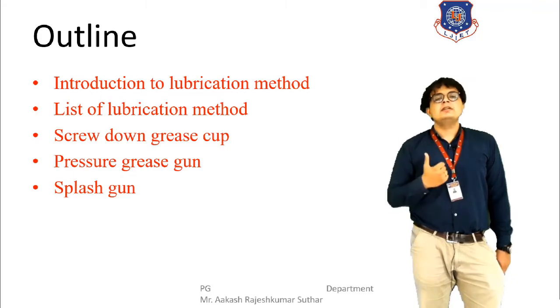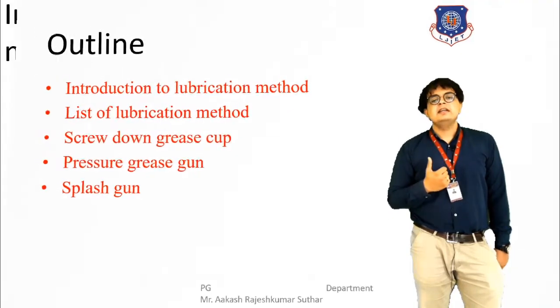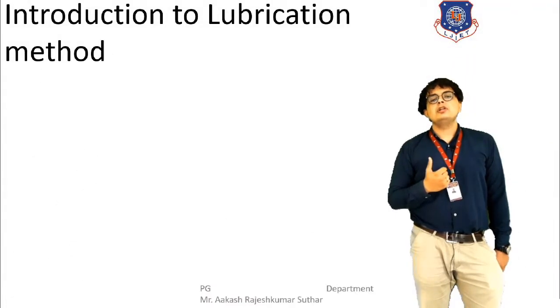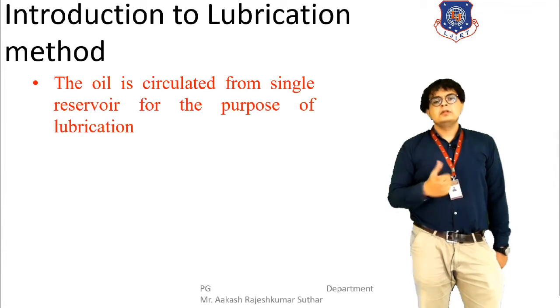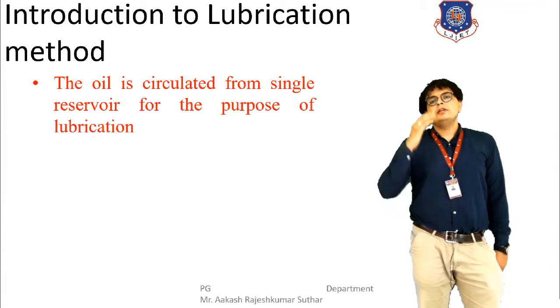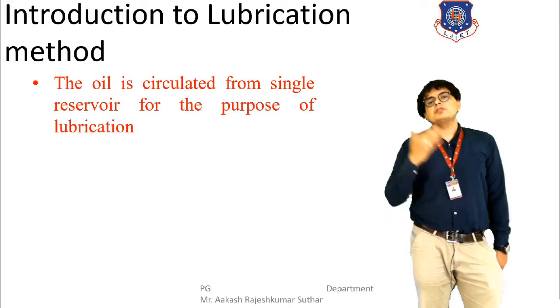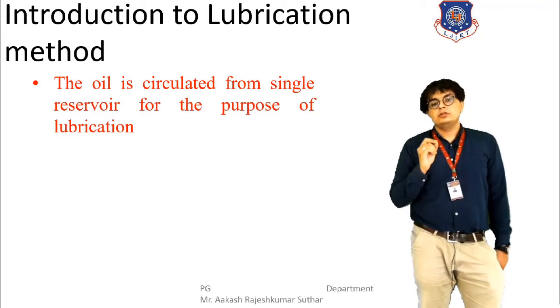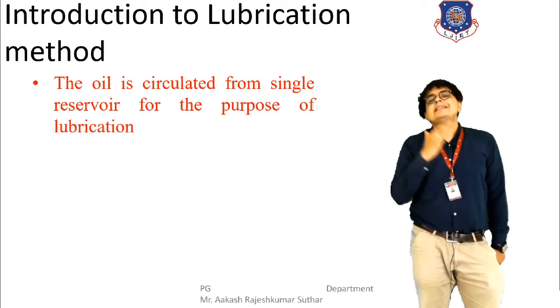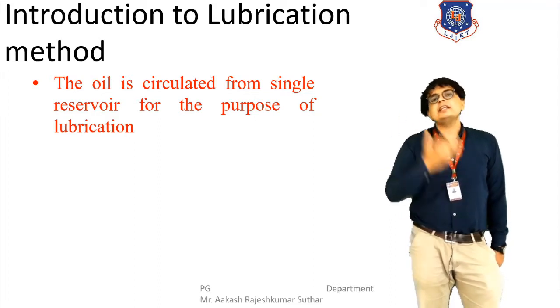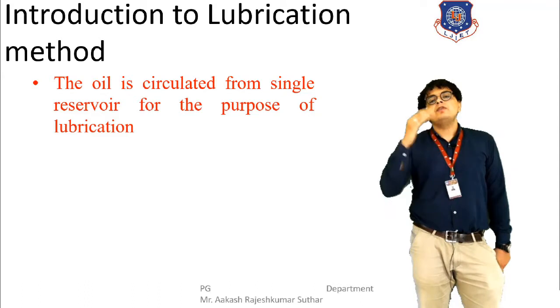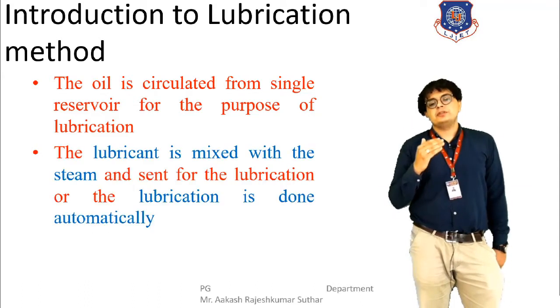So let's start with the first topic, that is the introduction to the lubrication method. Generally we all know lubrication is nothing but the process of providing oil to each and every part of the machine so that it will remain smooth during its operation. So oil here is circulated to the required location, for example the required parts of the machine, for the purpose of lubrication.